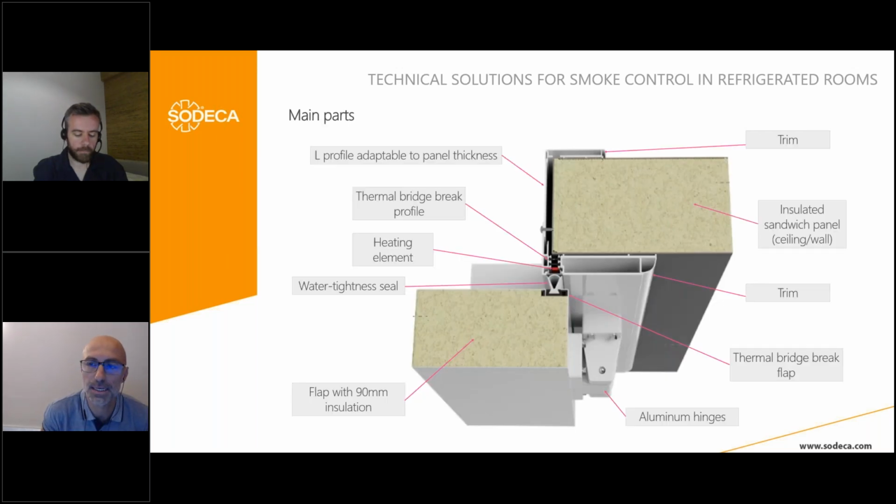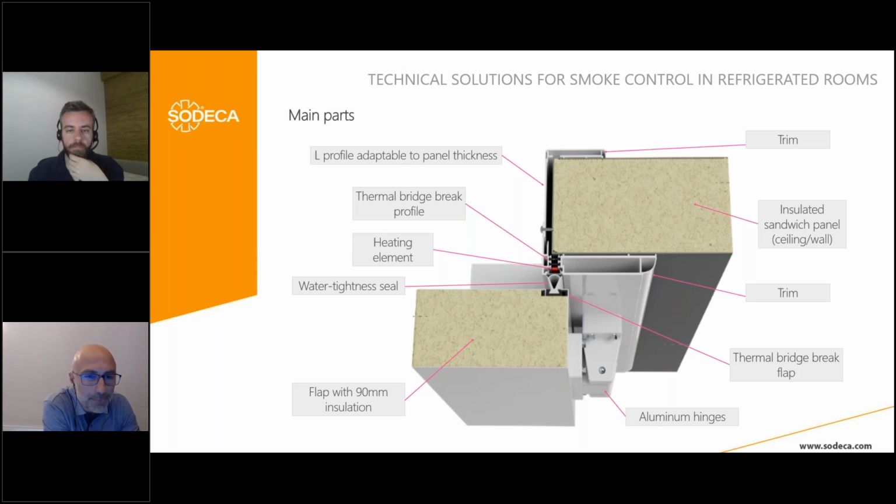And here you can see the different elements of this fridge flap. This represents the panel of the camera. So here there is the hole that we have to make in the panel of the camera. Then we have here the aluminum hinges that open the flap, and very important, here you can see this water tightness seal, this double camera seal.